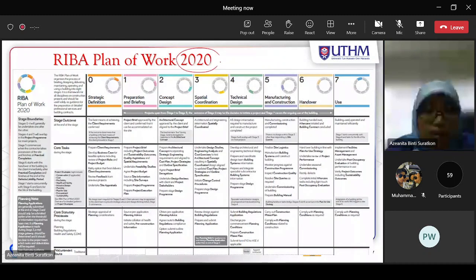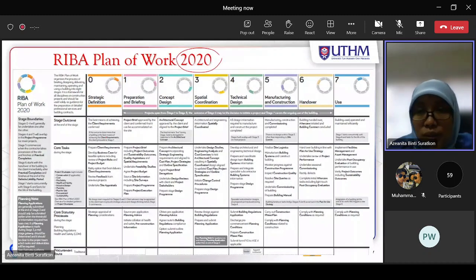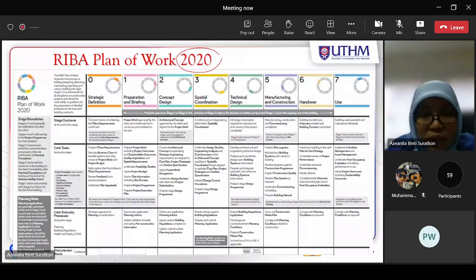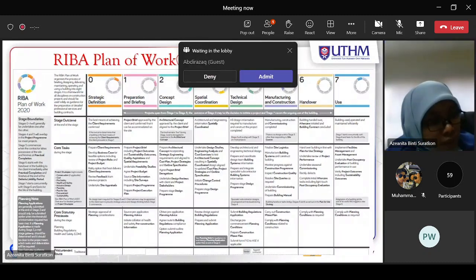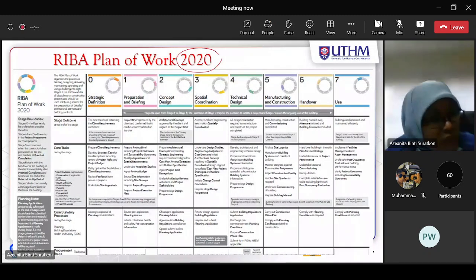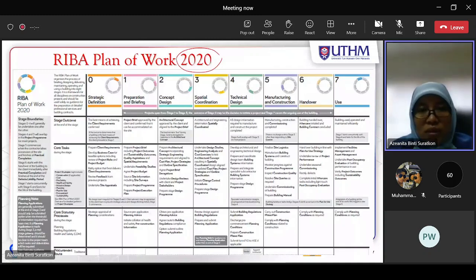Normally after every 5 to 10 years they have a new one. So these are the details of the RIBA Plan of Work. You can download this.